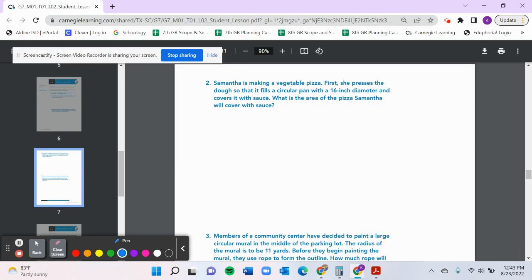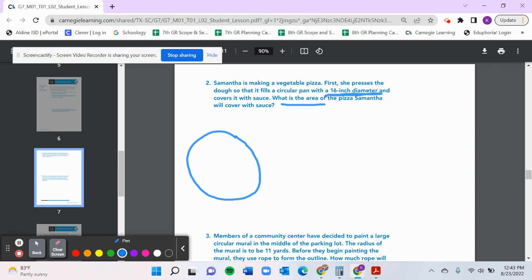Question 2. Here Samantha is making a vegetable pizza in a circular pan. The question tells us that this pan has a 16-inch diameter, and also it asks us specifically what it wants. What is the area of the pizza Samantha will cover with sauce? So there's no guessing. We're finding the area.